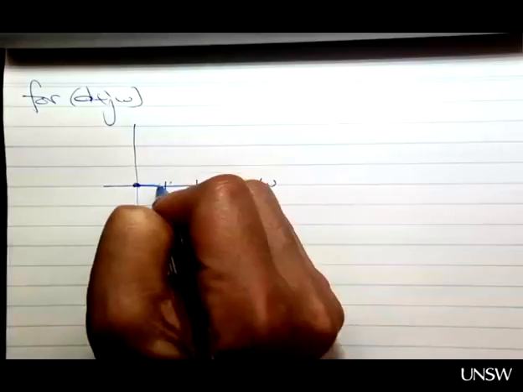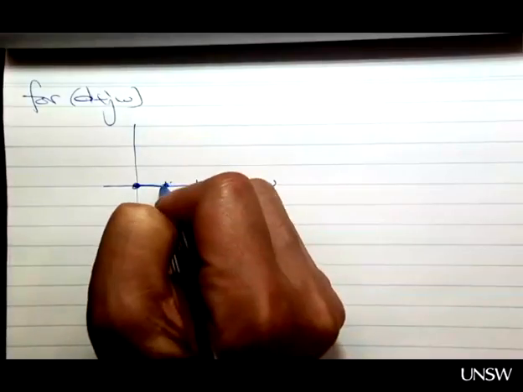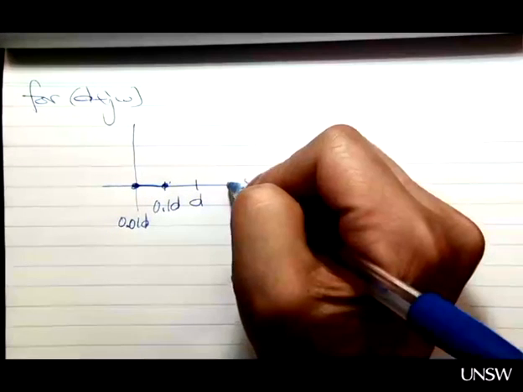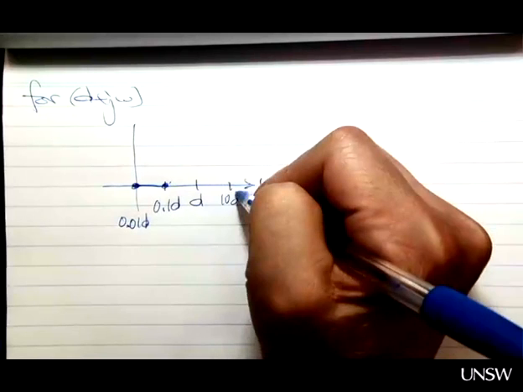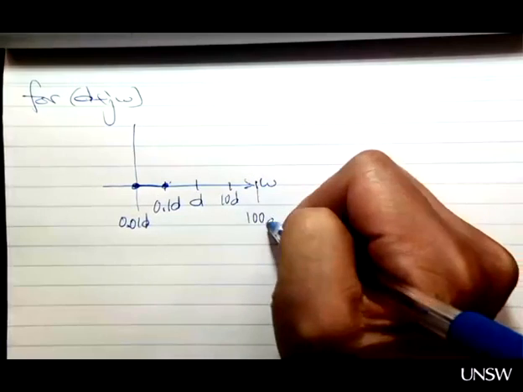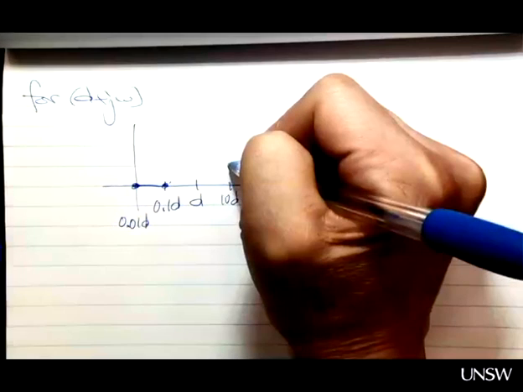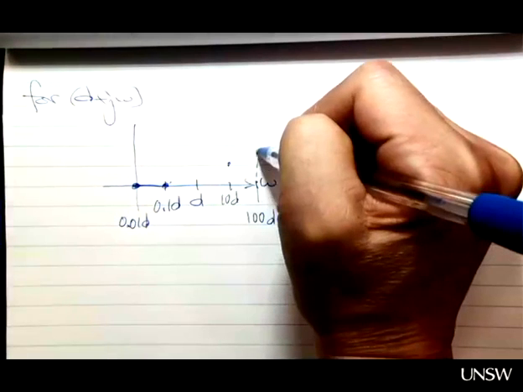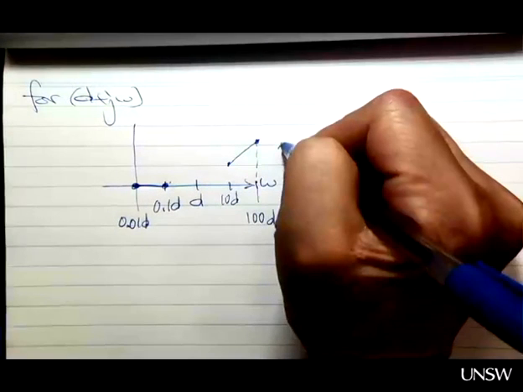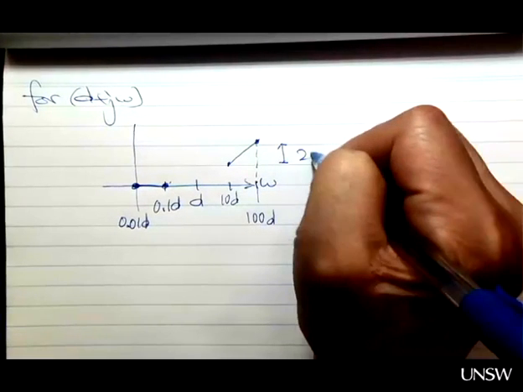These two levels are not changing, and then here with 10d, and then another 100d. The difference here is 20 decibel.